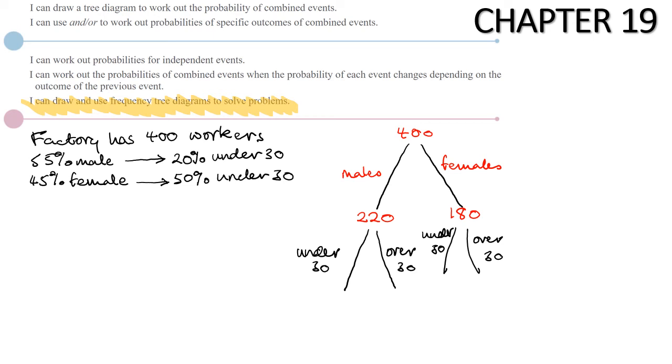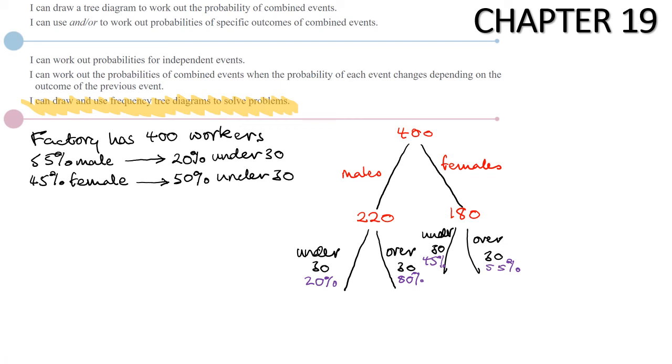Right, so we now need to work out 20% of 220. Let's write these percentages on. So 20% are going to be under 30, which means that 80% of the males are going to be over 30. 50% of the females are under 30, which means that 50% must be over 30. So now we're going to work out the values.